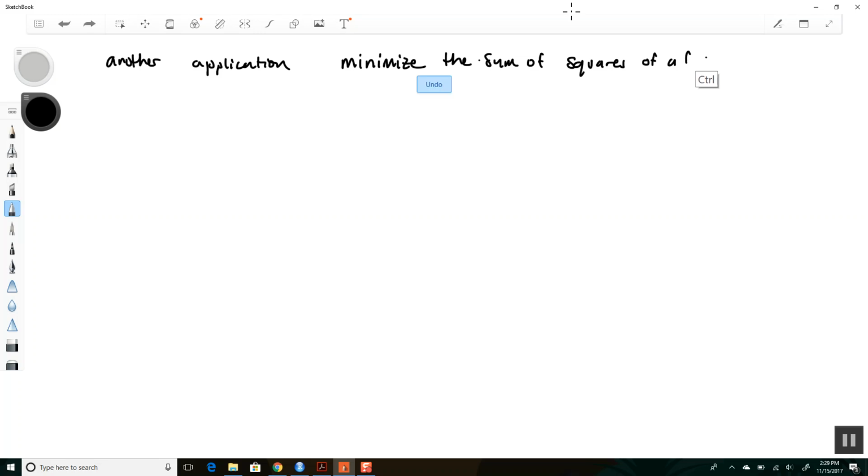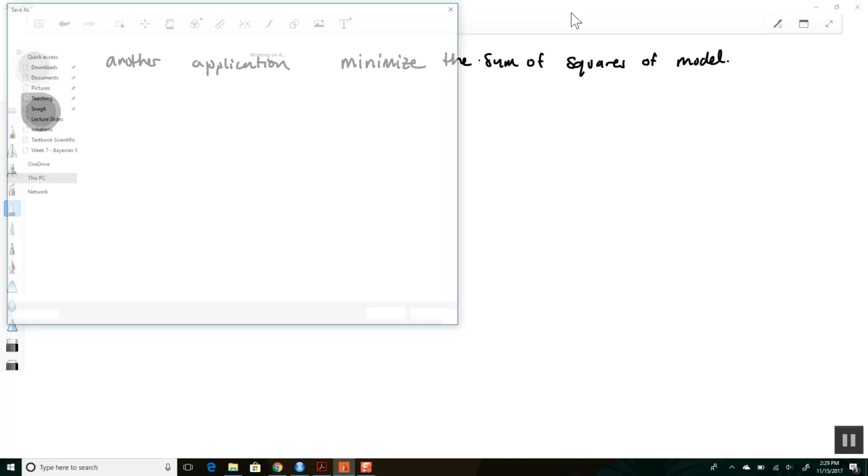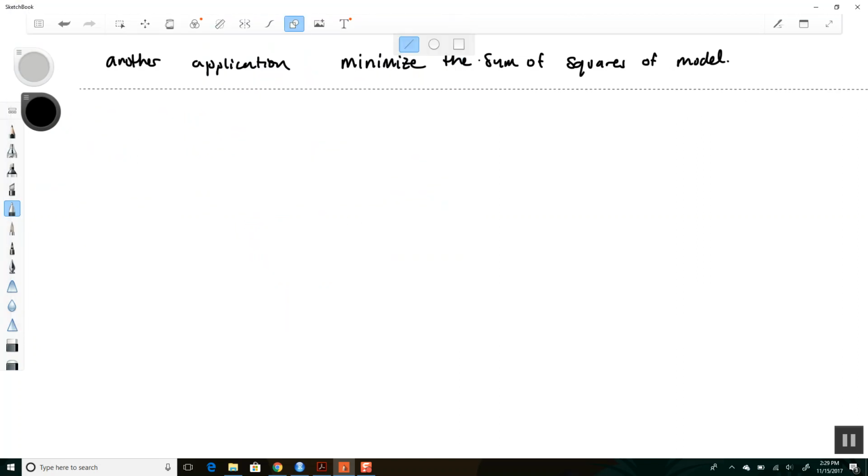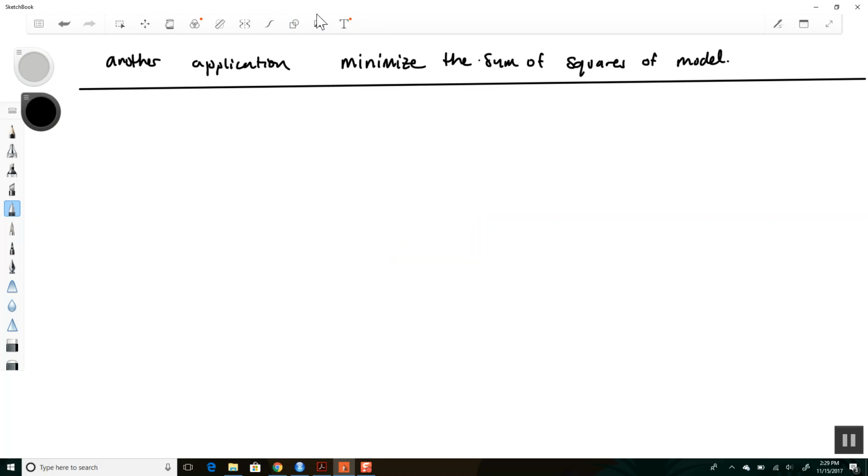So another application is to minimize the sum of squares of basically the model. So anyway, these are just different applications of optimization. And so let's actually look at one of the methods.